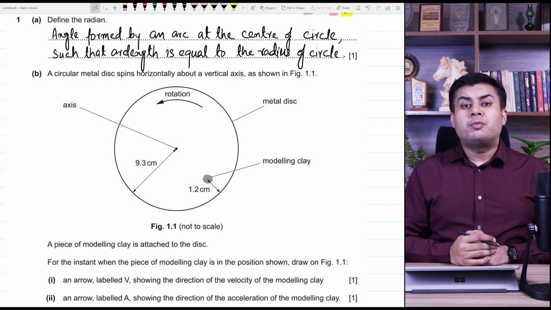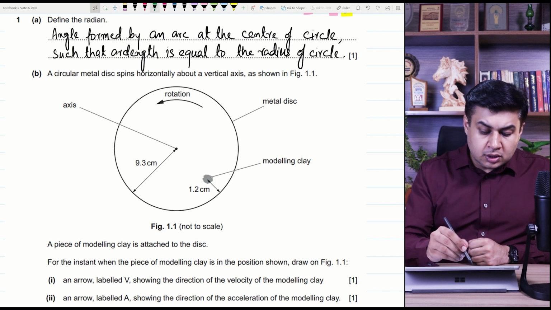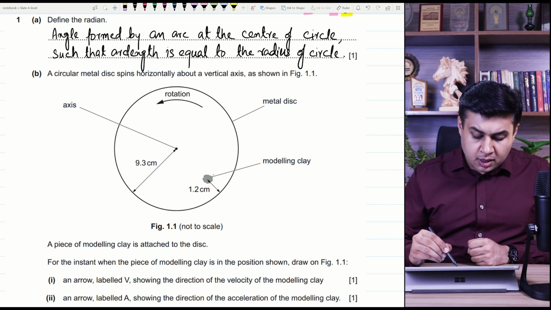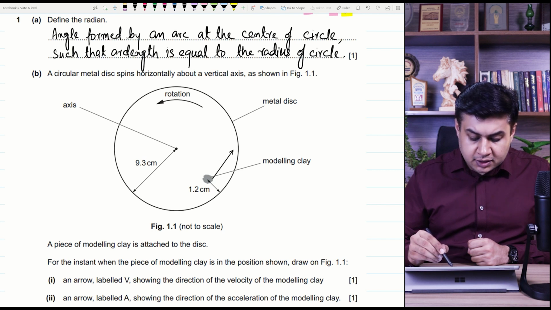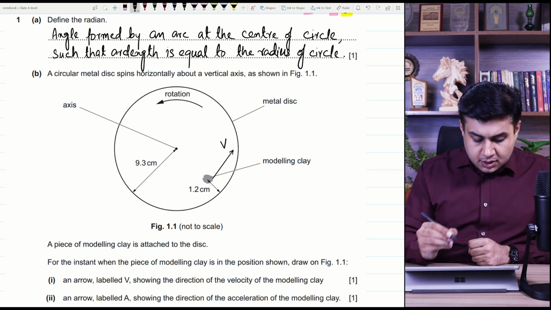But जो हर point पर velocity होती है वो tangential to the circle होती है. तो इस point पर modeling clay की velocity will form a tangent to the circle. So this is the direction of its velocity, and you will label this arrow V.